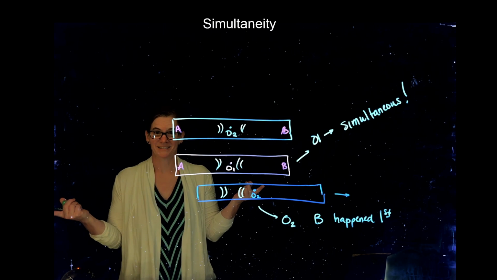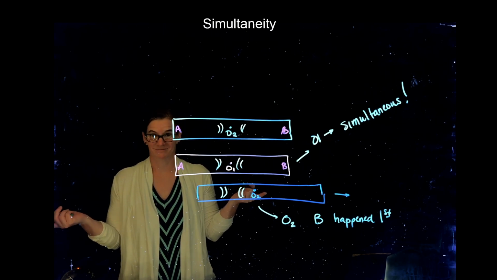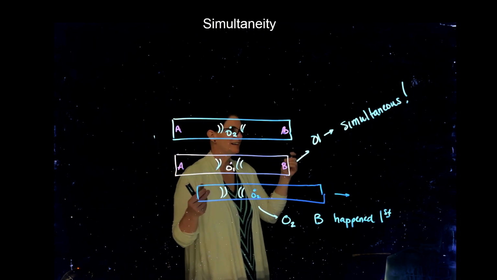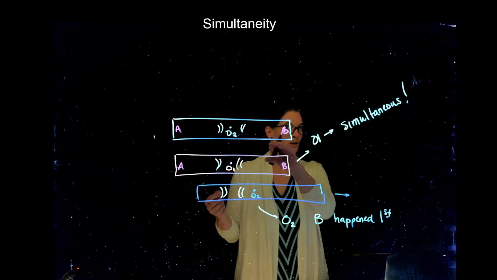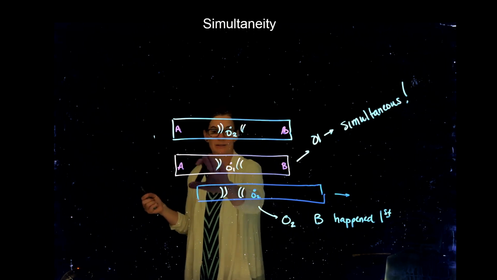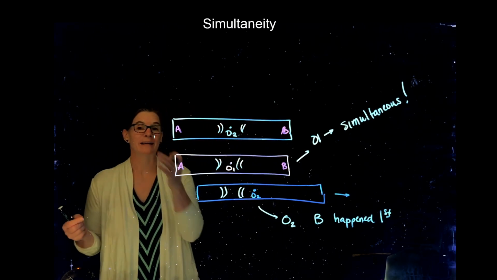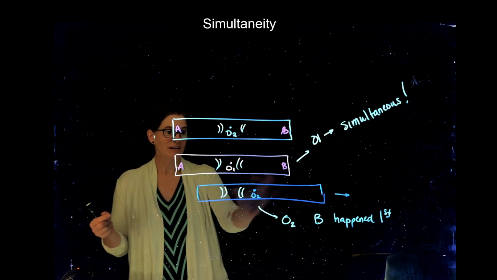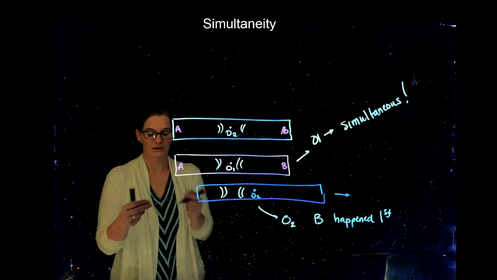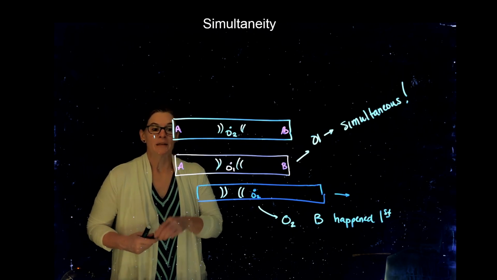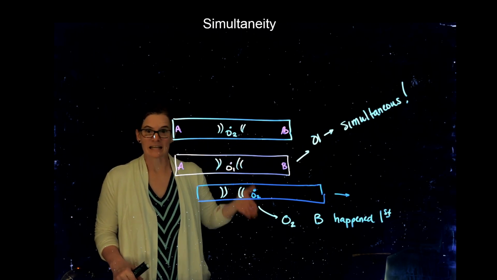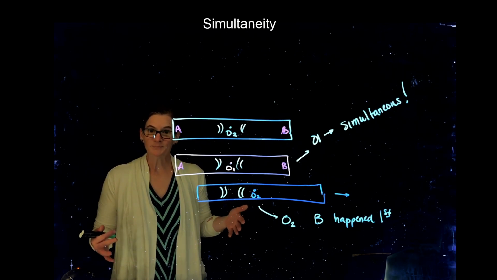Who's right? Well, they both are. If light travels, and this has to do with light traveling, regardless of whether these two are moving or stationary, the light is going to travel a certain distance in a certain amount of time.